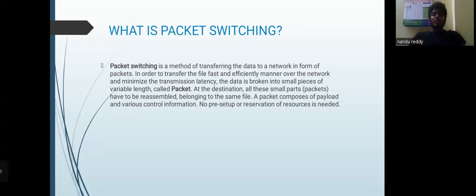At the destination, all these small packets belonging to the same set have to be reassembled. A packet is composed of a payload and various control information. No pre-setup or reservation of resources is needed.